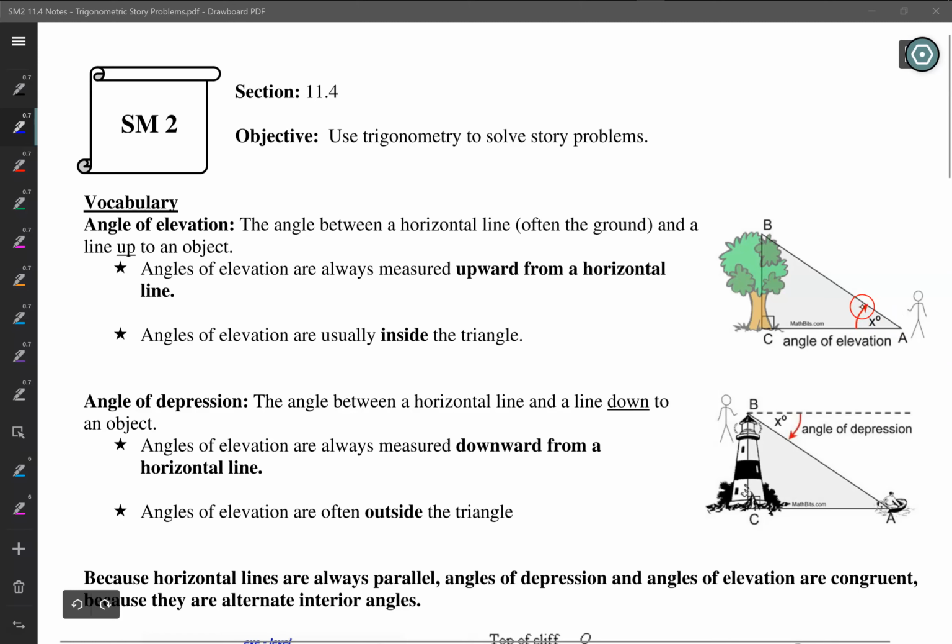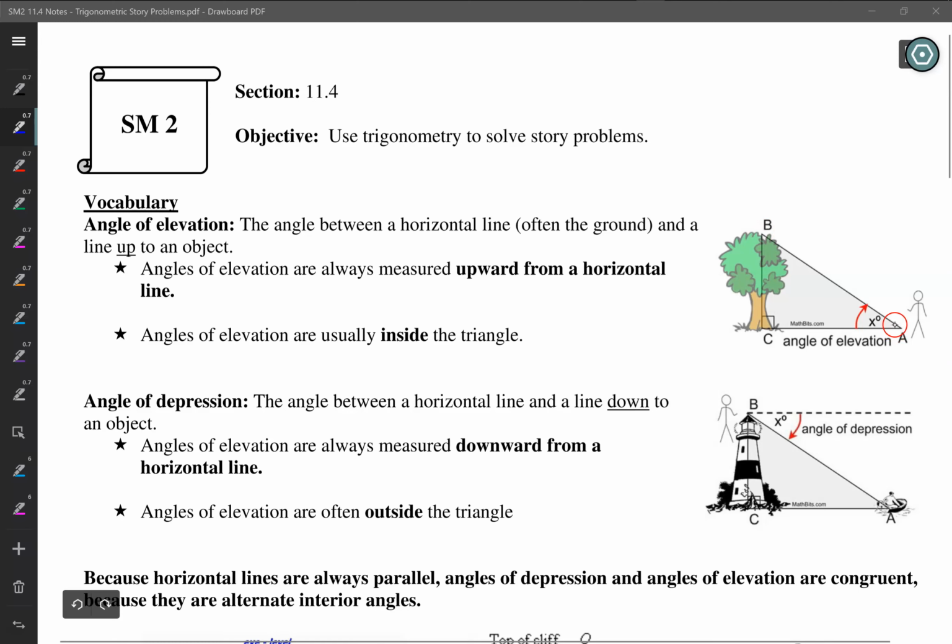So any angle between a horizontal line and the line up to an object. You can think of it as elevation. An elevator goes up. So an angle of elevation always goes from a horizontal line up to a line up to an object. So they're always measured upward.